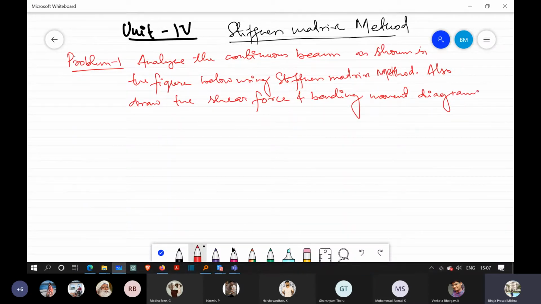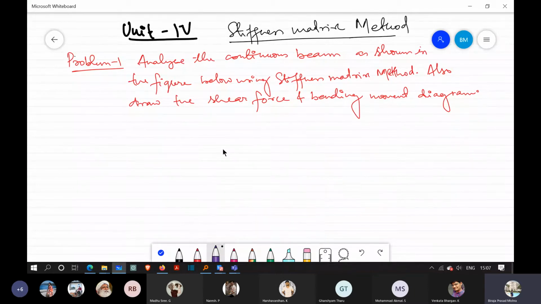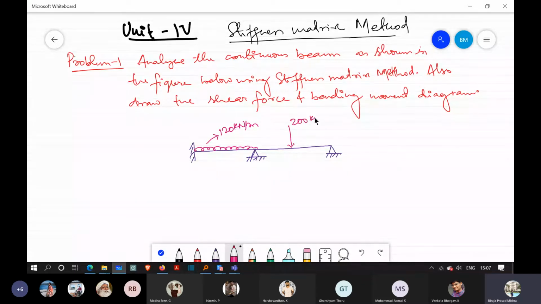So how does the figure look? How does the continuous beam look? One end is fixed, the intermediate one is hinged, and the extreme end is also hinged. We have a UDL of magnitude 120 kilonewton per meter, and a concentrated load of magnitude 200 kilonewton.